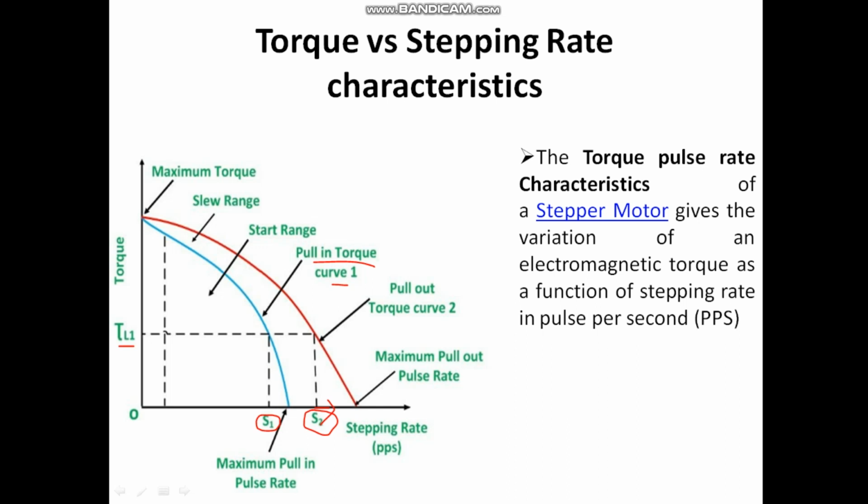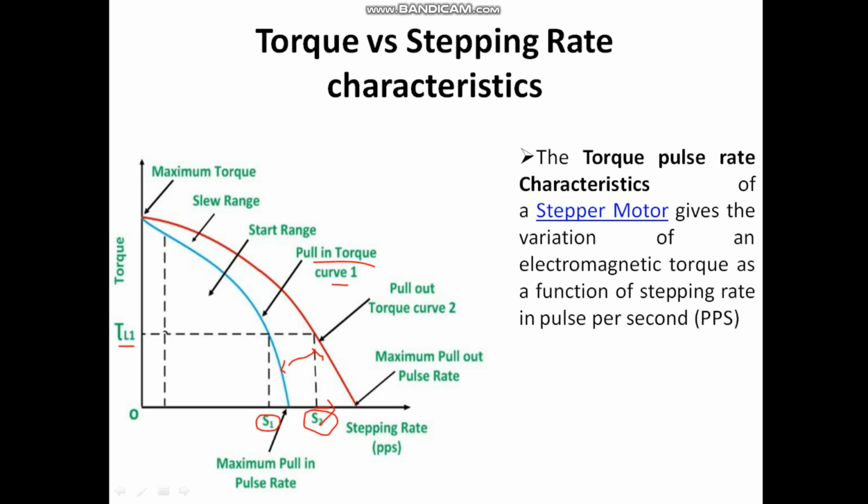Thus the area between S1 and S2 represents the various values of torque and the range of stepping rate which the motor can follow without losing its synchronism.